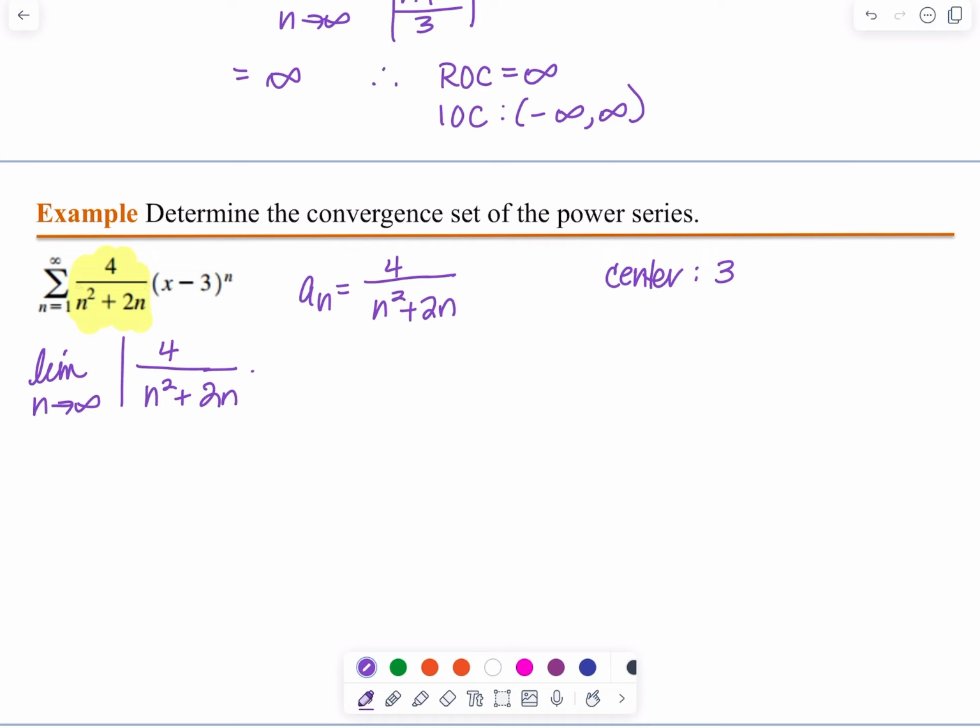So a sub n plus 1 is going to be n plus 1 squared plus 2 times n plus 1, and we're multiplying by the reciprocal. So 1 divided by a sub n plus 1 is what this term is right there, and then all of that is divided by 4.